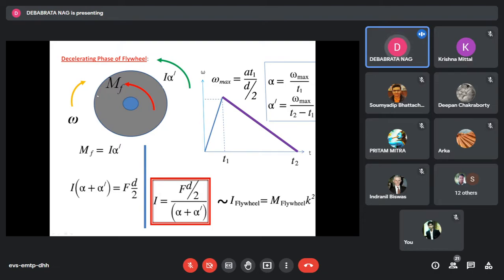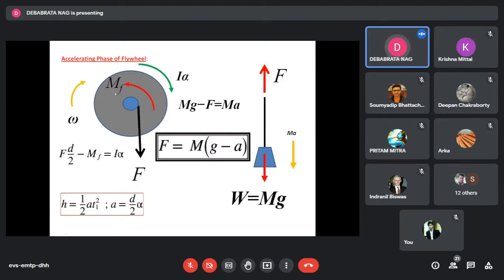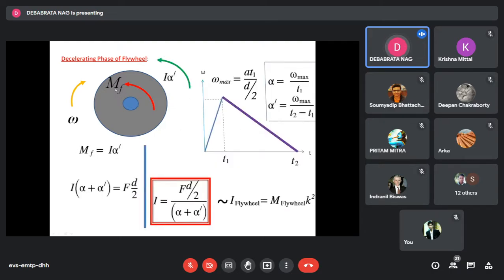That assumption is that, considering the lower angular speed of the flywheel, because the entire angular speed is not that high, we assume that the frictional torque offered by the two bearings is almost remaining constant. So the MF that we have used in our earlier accelerating phase is the same MF I am using in the decelerating phase as well.